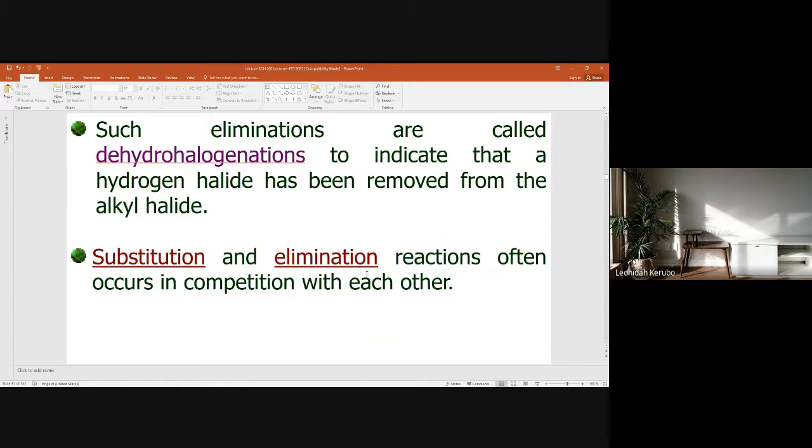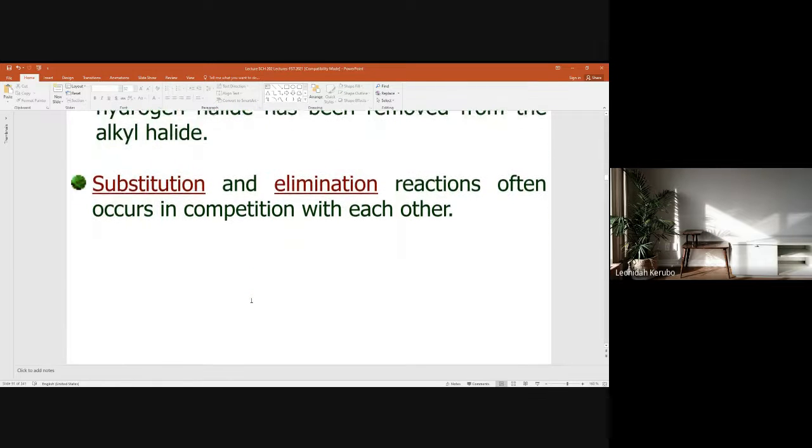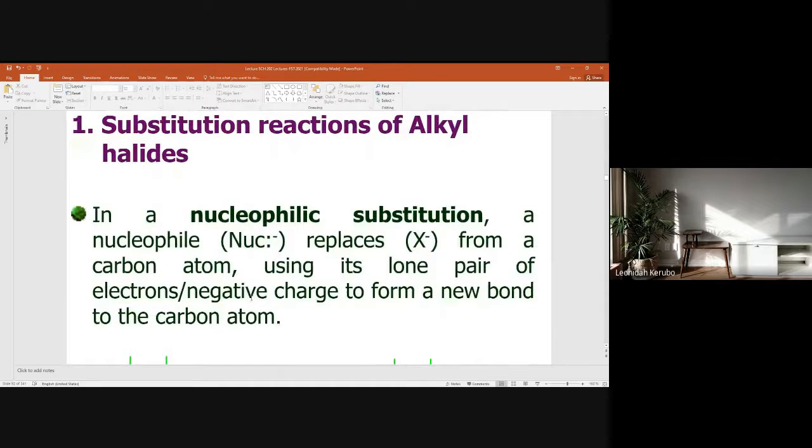Substitution and elimination reactions often occur in competition with each other. You will see that later also. So we'll start by discussing substitution reactions of alkyl halides.